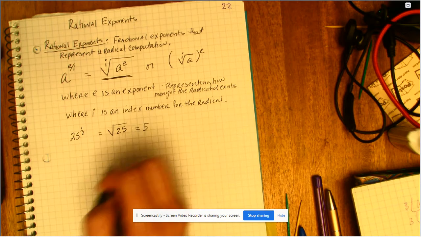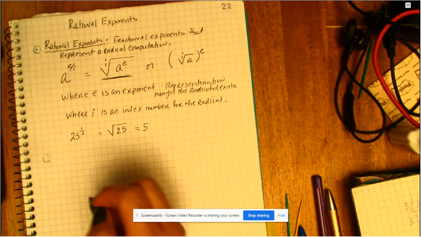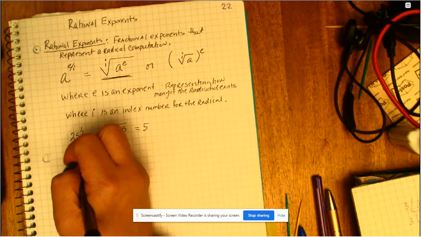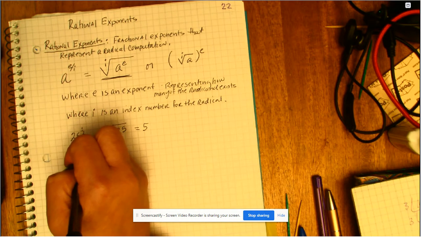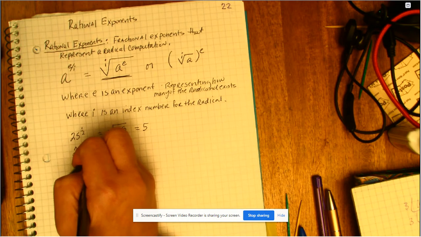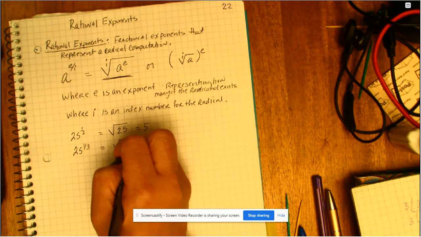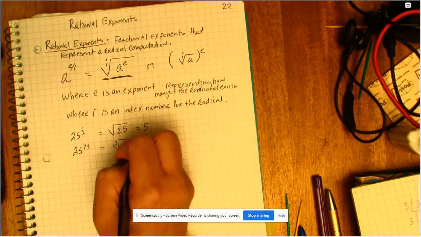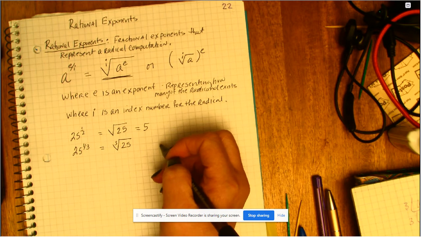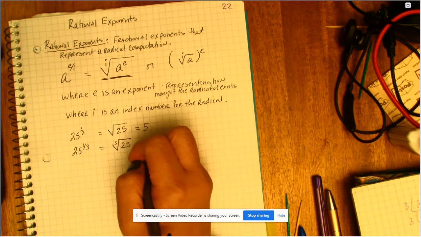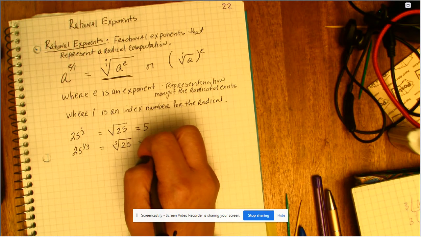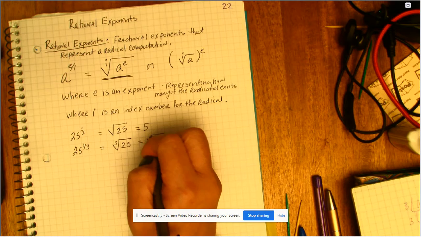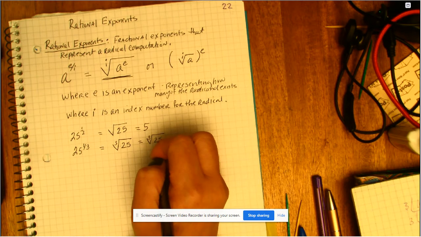This would be equal to 5. If I had 25 to the 1/3, that would be like having the cubed root of 25. Of course, the cubed root of 25 is not perfect, and I can't simplify it any further, so it would remain the cubed root of 25.